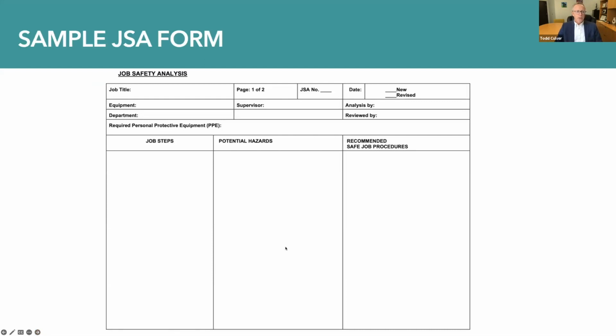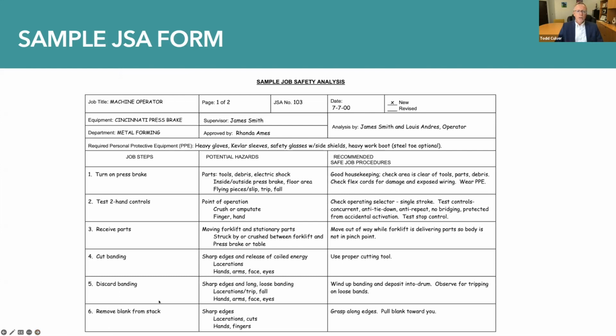The next template that you see is a blank form for a job safety analysis. This is available to you through the MIOSHA resource on conducting a job safety analysis. And a sample is now shown, again, where job title, equipment, department is listed, the supervisor of the operation, approval levels, and by whom the analysis was conducted.